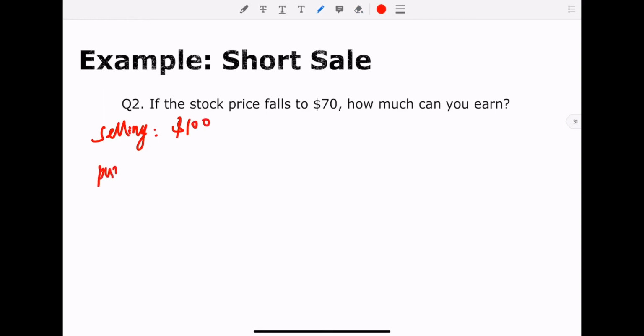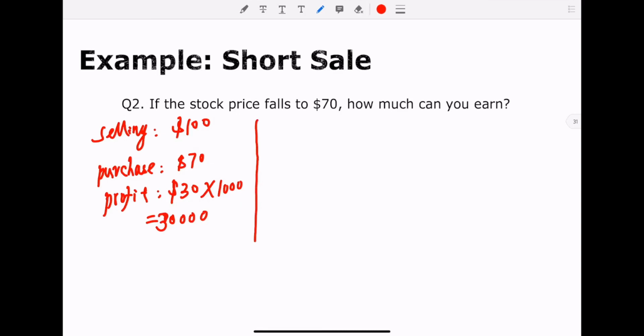Now, you want to return these 1,000 shares, and you would buy from the market, and the market price is 70. So now the purchase price is just 70. So you can see that per share profit is $30. Of course, this is just per share profit. You have 1,000 shares, so your profit is $30,000.